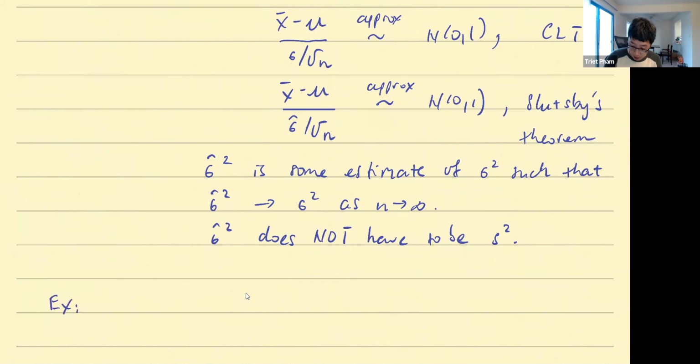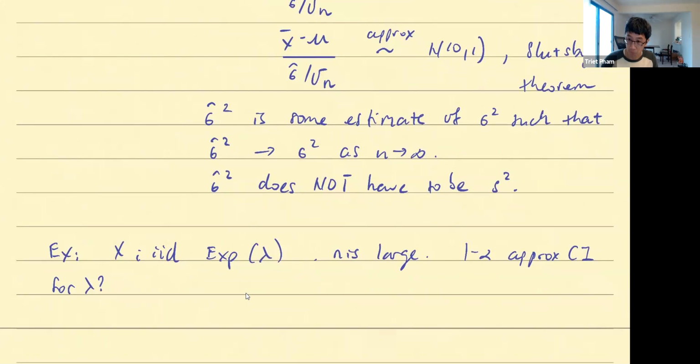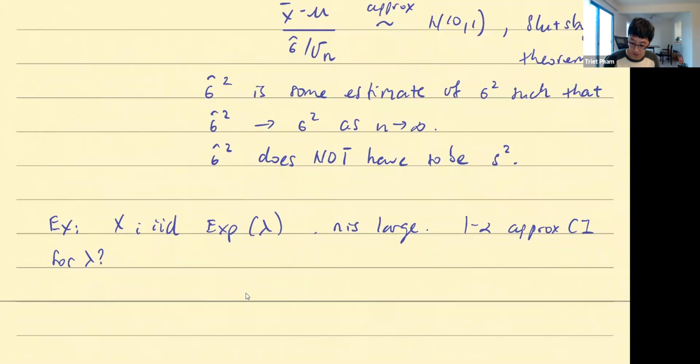So, an example. Let's say that Xi are IID exponential lambda. Now, suppose n is large. What's the 1 minus alpha approximate confidence interval for lambda? Well, the expectation of the exponential lambda is lambda.